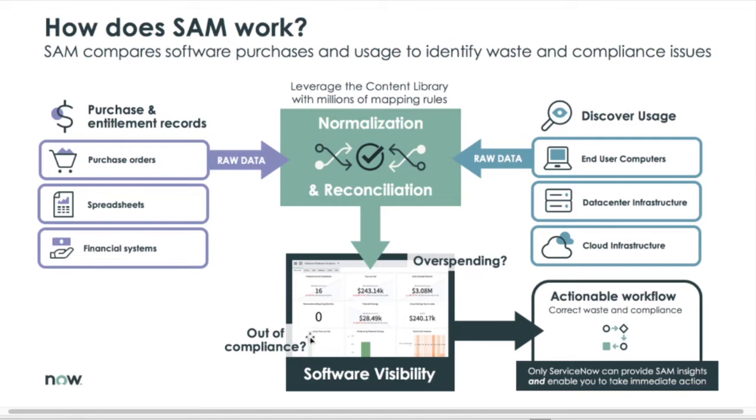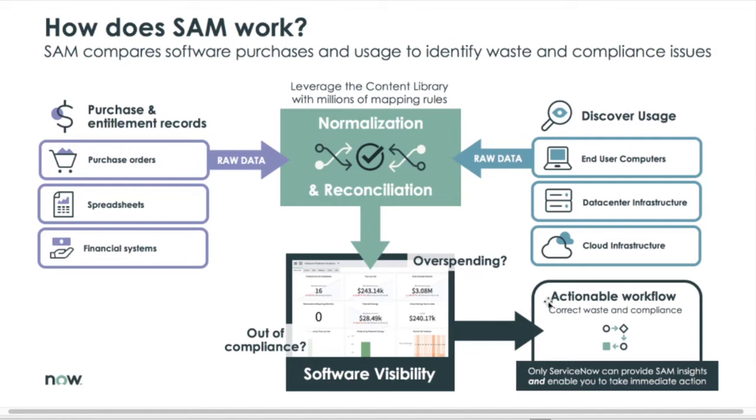And so that's the key outcome here. Once you've had a chance to identify that, say as an example you have a lot of requests for software, it appears like you have an over allocation.